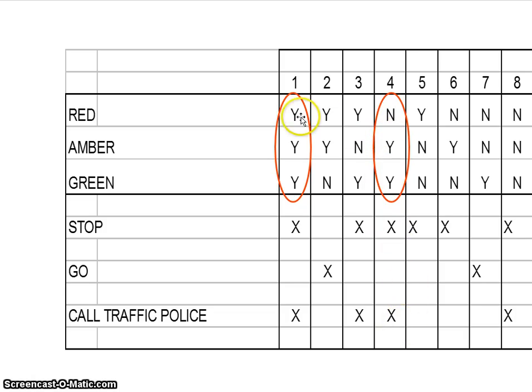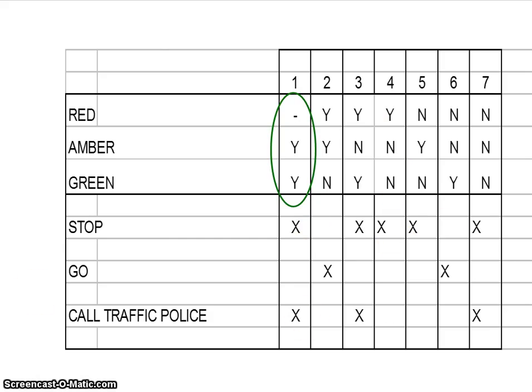Basically, it doesn't matter if the red light is on or off. If the amber and the green are showing together, regardless of this, we will stop and call the traffic police, which means that can be combined together into one single rule, and that's how that is represented.